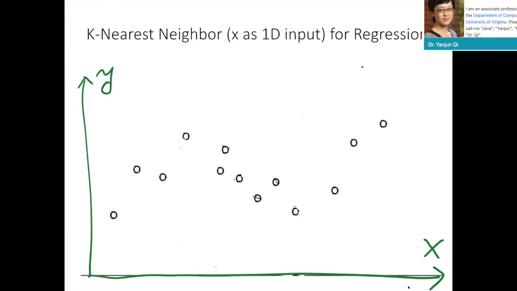For this one, we don't make assumptions at all. I'm just trying to predict Y for a new X using its neighbors. So what do I mean by neighbors?